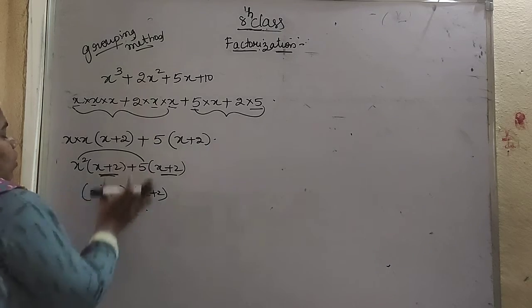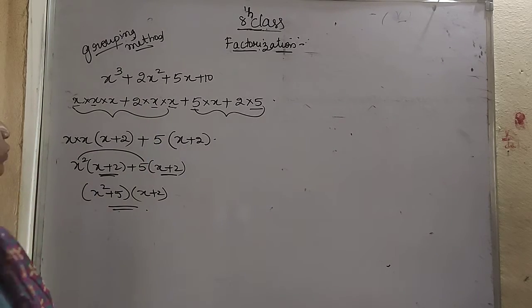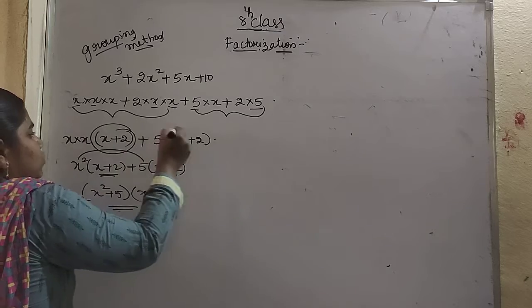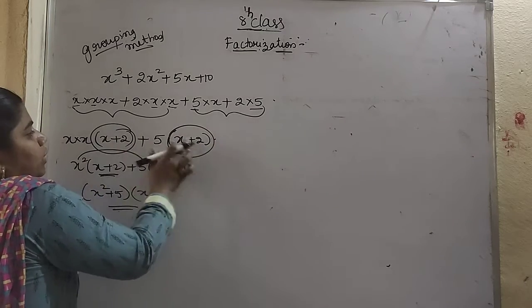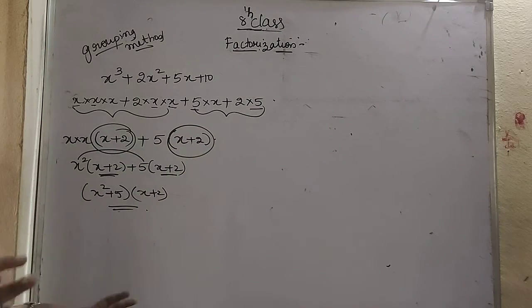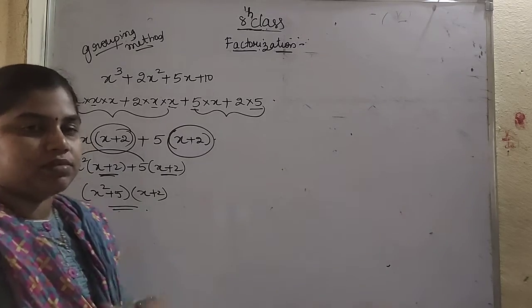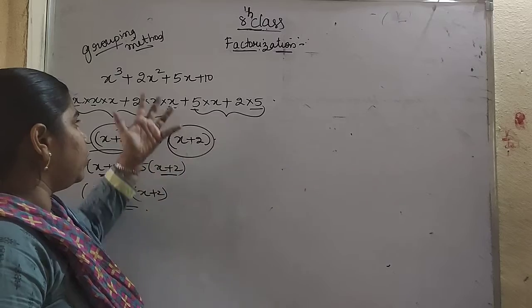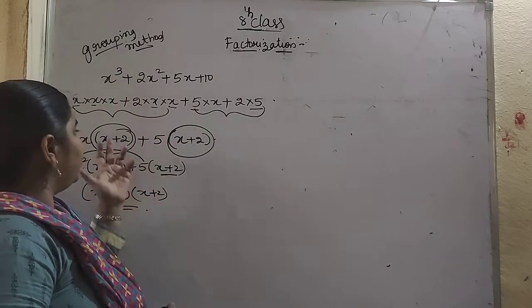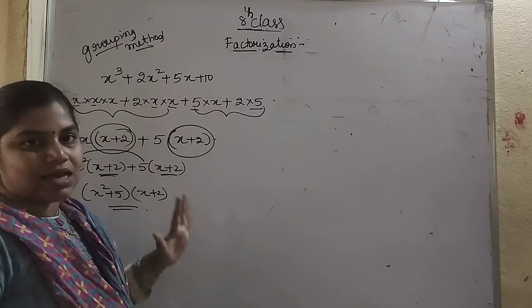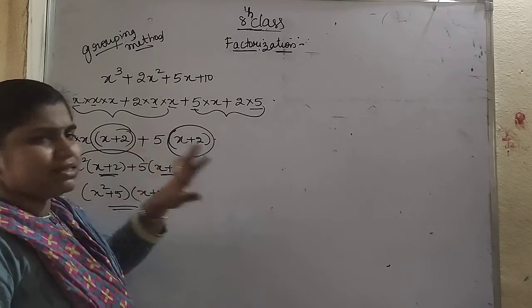So this method we will call the grouping method. Always this x plus 2 that you are seeing, these 2 terms should be always the same. In that way you have to factorize the terms and rearrange the terms. Here there is no need of rearranging, because without rearranging we got these 2 common factors as the same.